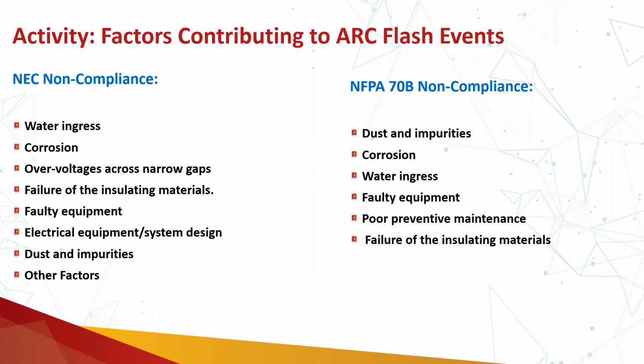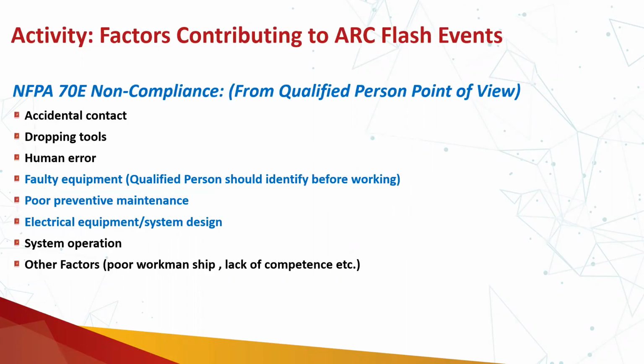So in that particular case, the thing is with the qualified person as well. So NFPA 70E non-compliance from the qualified person's point of view. Accidental contact, dropping tools, human error, system operations, other factors, poor workmanship, lack of competency. So these are directly reasons as stated in NFPA 70.